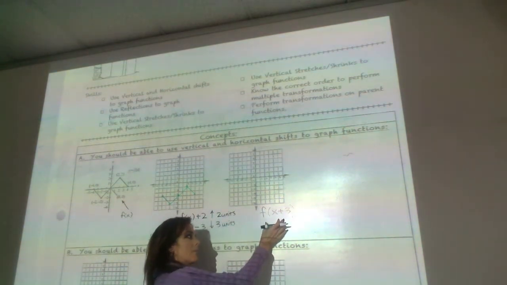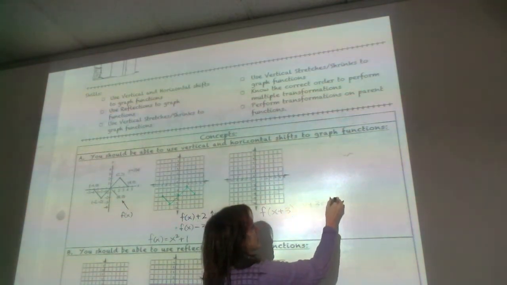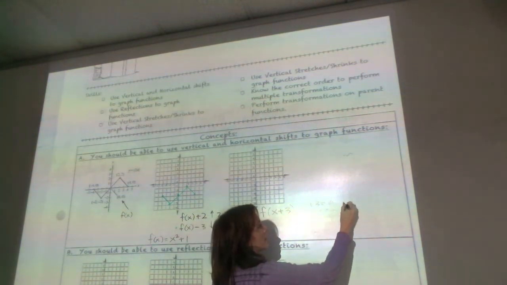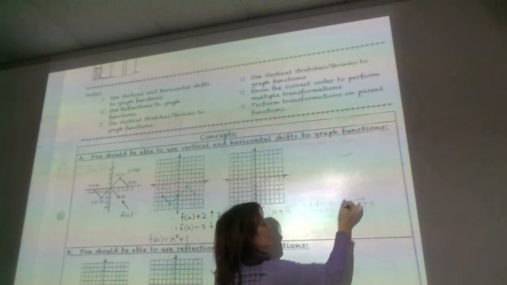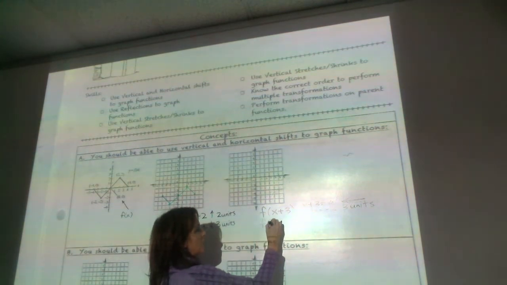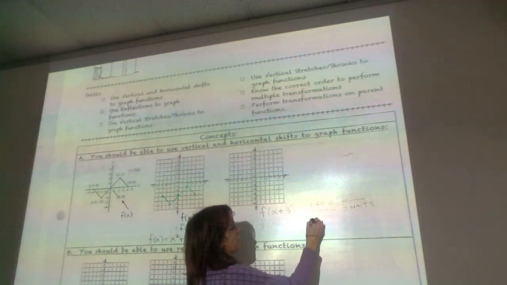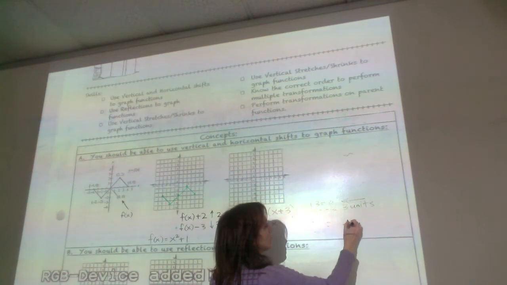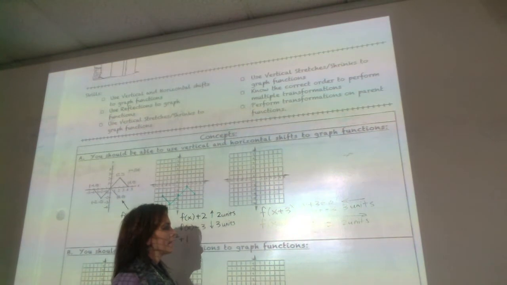And that's a little bit counterintuitive, but if I take this x plus 3 and set it equal to 0, x is equal to negative 3, this tells me we're going 3 units to the left, okay? And likewise, if we did f of x minus 2, let's solve for x. X equals 2, 2 units in the positive direction to the right, okay?